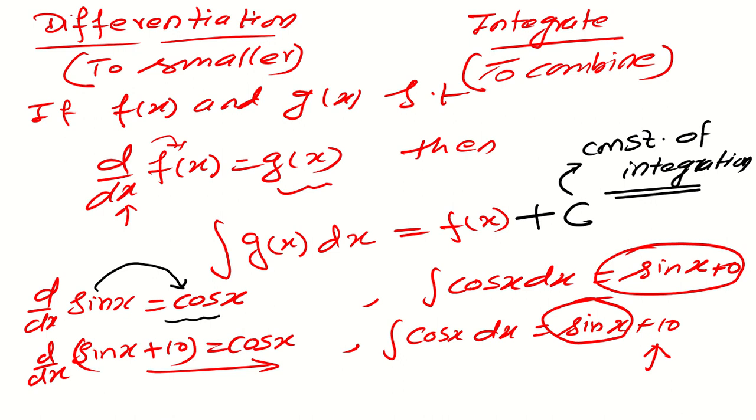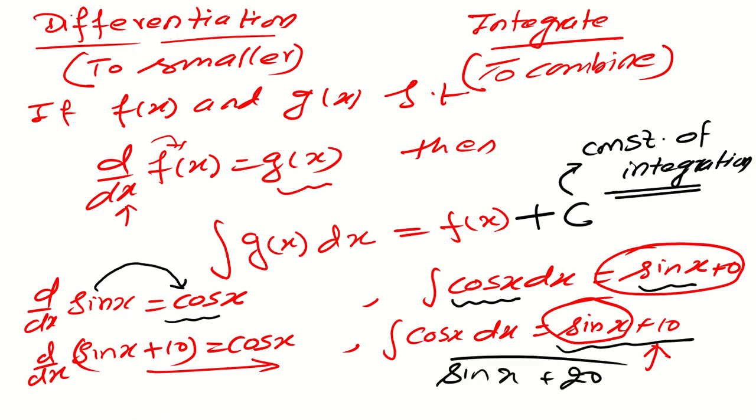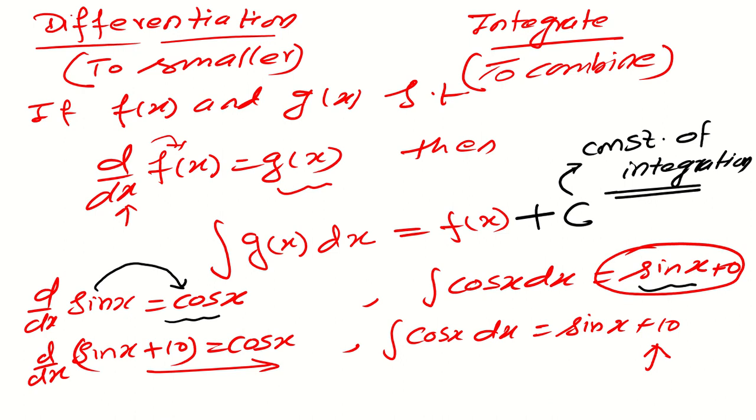So differentiation of any function is unique, but integration of a function is not unique. Why? You have seen the example. The integration of cos x can be sine x, sine x plus 10, even sine x plus 20. So integration of a function is not unique, but it differs only by a constant. The functional part, the variable part, will be the same. Variable part will not change. I will not say that it will become sine square x. No, the variable part will be the same.